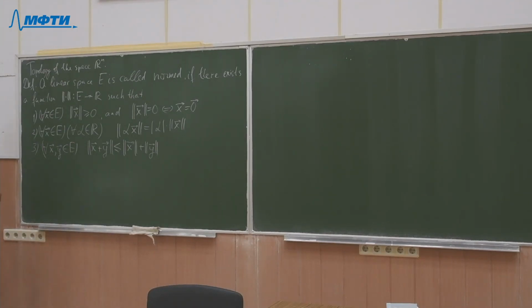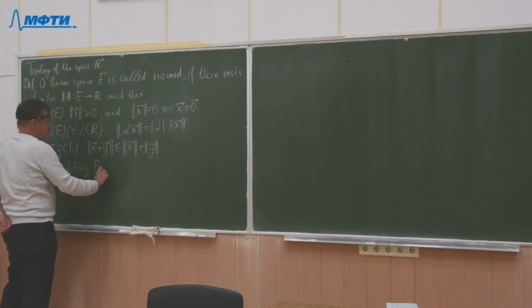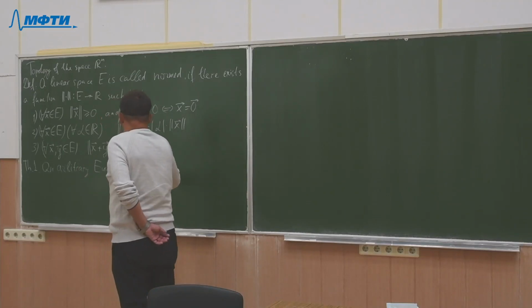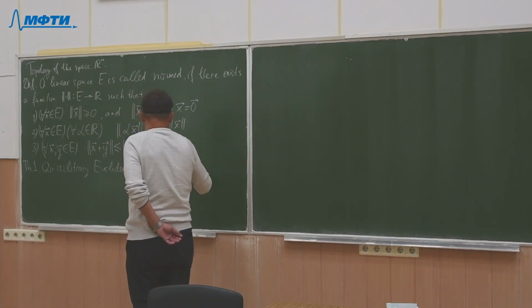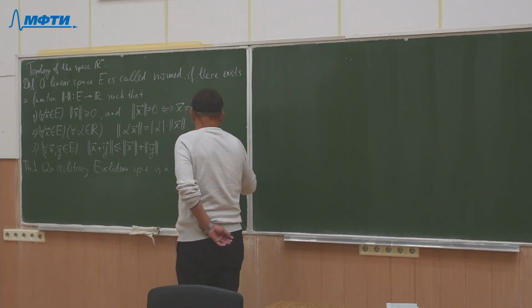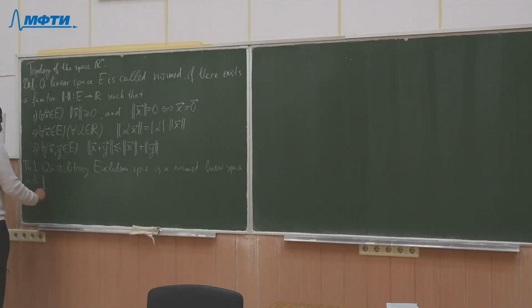And the first theorem, theorem 1, says that an arbitrary Euclidean space is a normed linear space with the norm given by this equality, the square root of the inner product of x by itself.